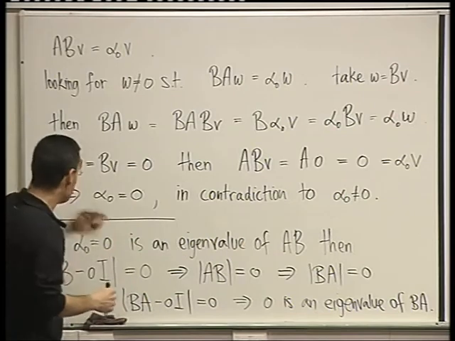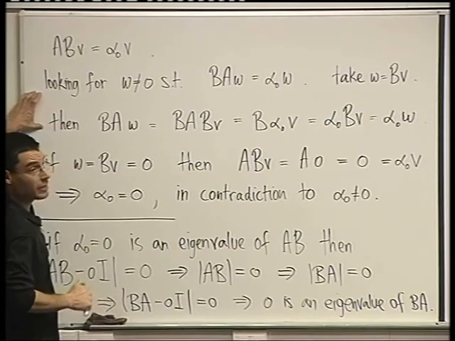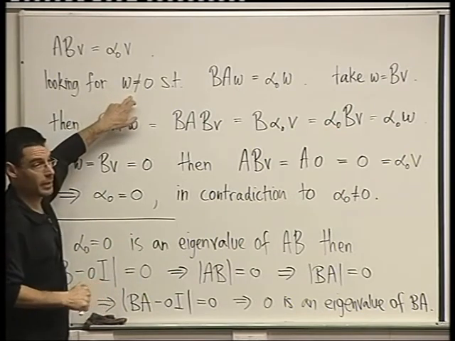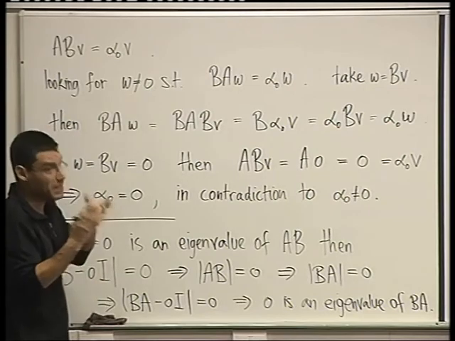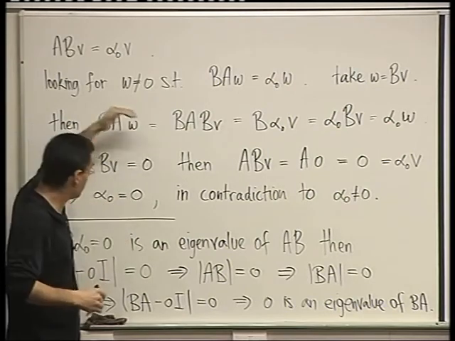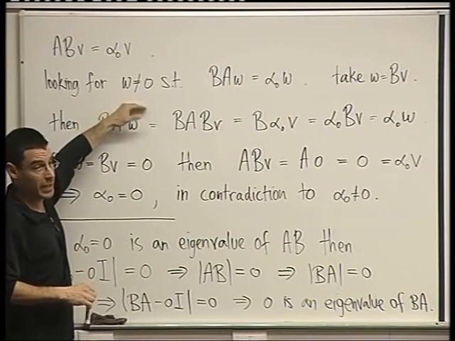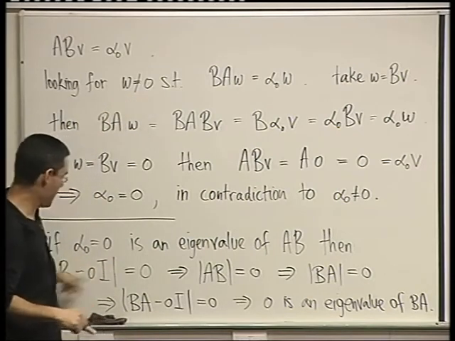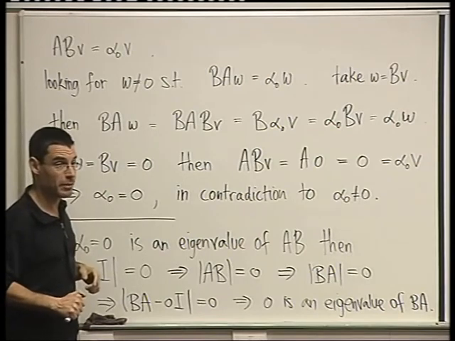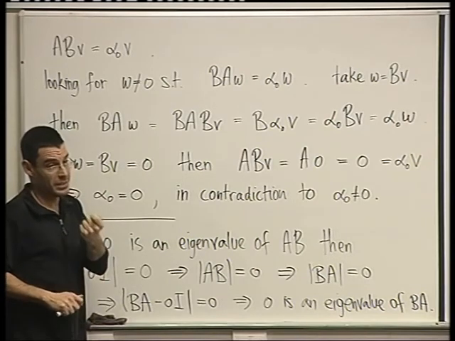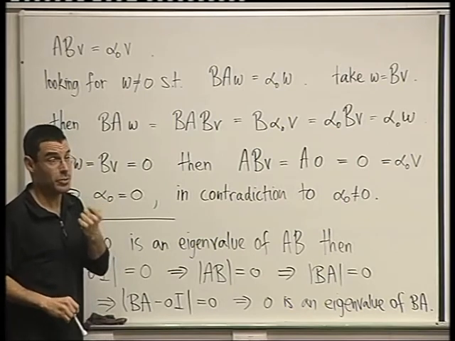But it's important to pay attention to little details like things like this. If you want something to be an eigenvector, it has to be non-zero. Okay? 0 is always an element in the kernel of A minus alpha I, right? But it's not an interesting one.